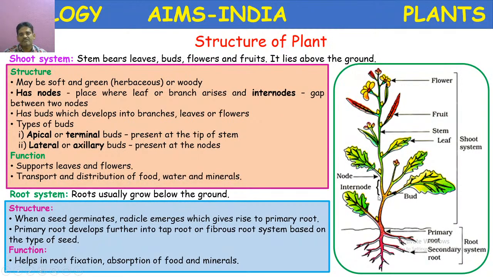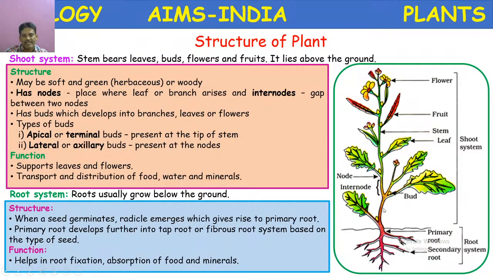Stem is a very important part. It bears the entire weight of the plant. It bears flowers, fruits, leaves. So the main function of the stem is that it supports the plant.